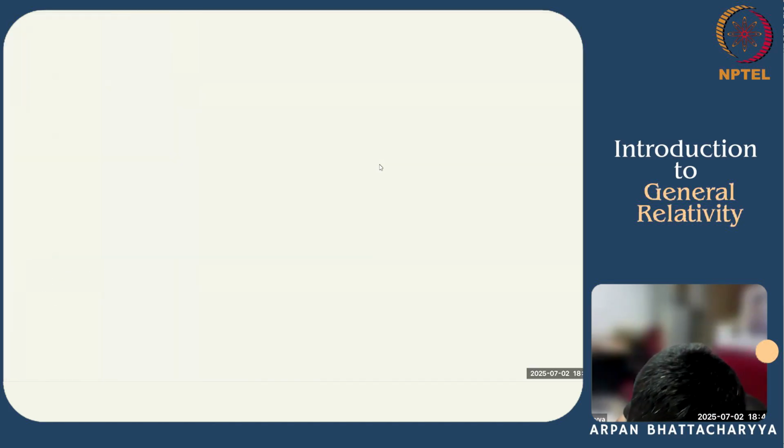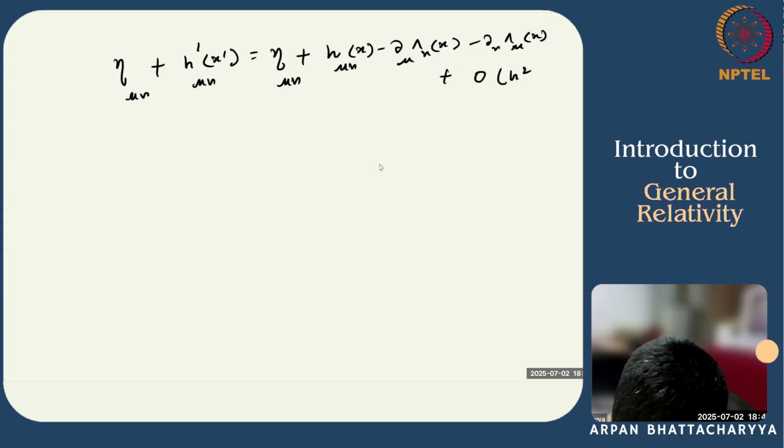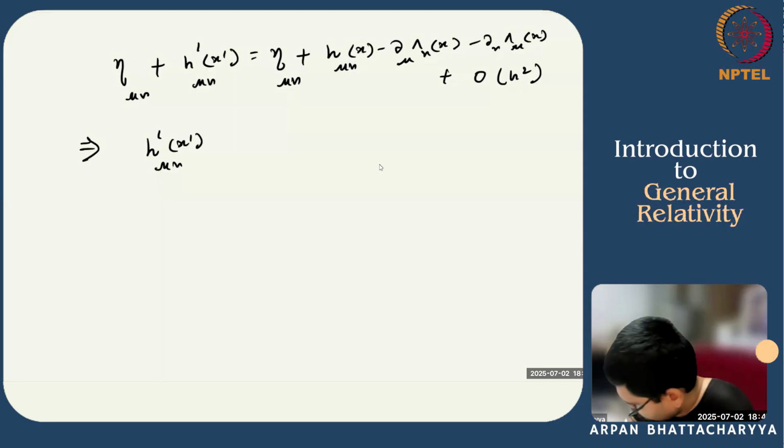So we have eta mu nu plus h prime mu nu equal to eta mu nu plus h mu nu minus del mu lambda nu minus del nu lambda mu, plus order h squared terms, and if you neglect them, then you have your linearized transformation.